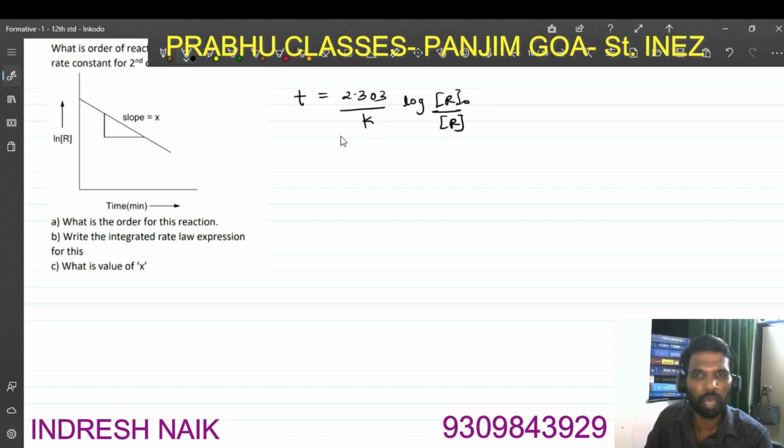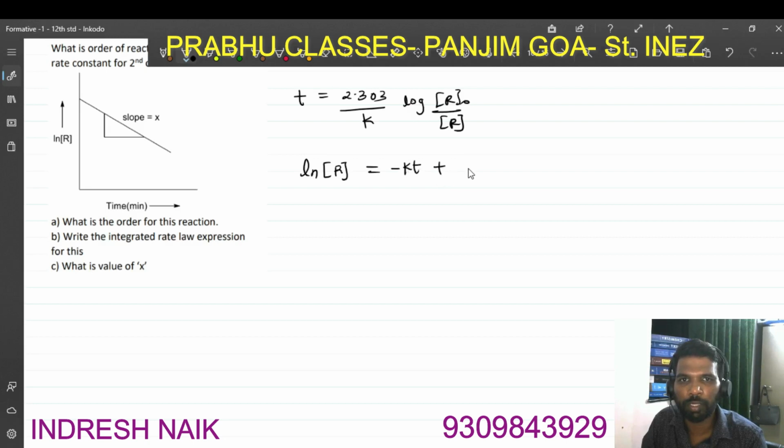This is what we know, but how is this derived? When we do the integrated rate law expression, we get ln of r is equal to minus kt plus ln of r0.